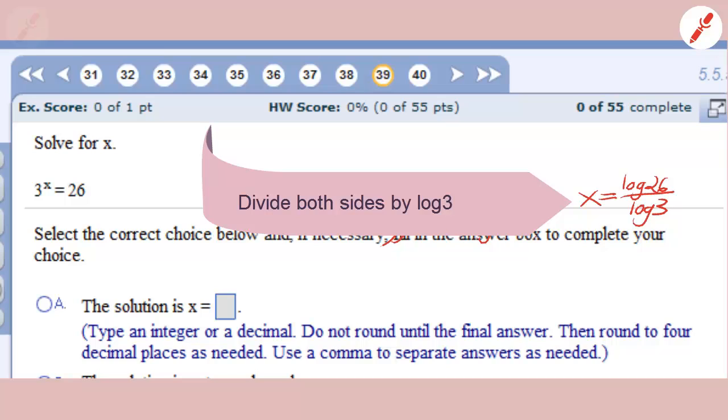All right, the answer that I get, let me double check it, log 26 divided by log 3. Yes, what I get is 2.9656. Okay.